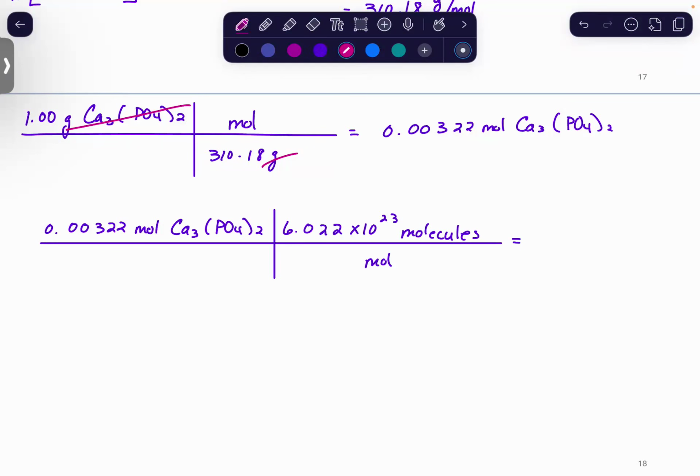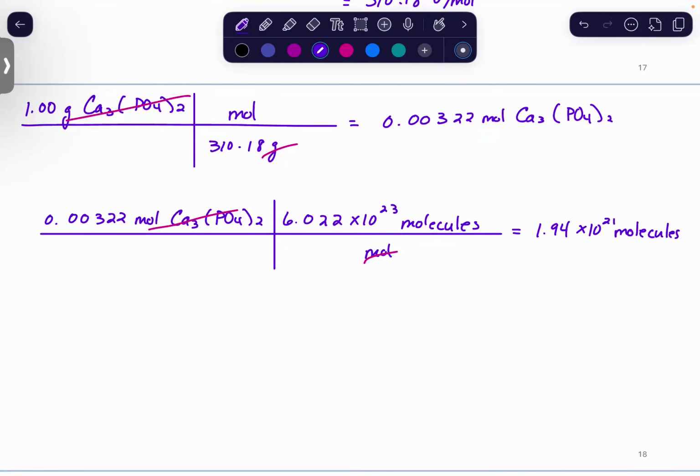And so then, of course, moles and moles will cancel out. And when I multiply these together, I'm going to get 1.94 times 10 to the 21st molecules.